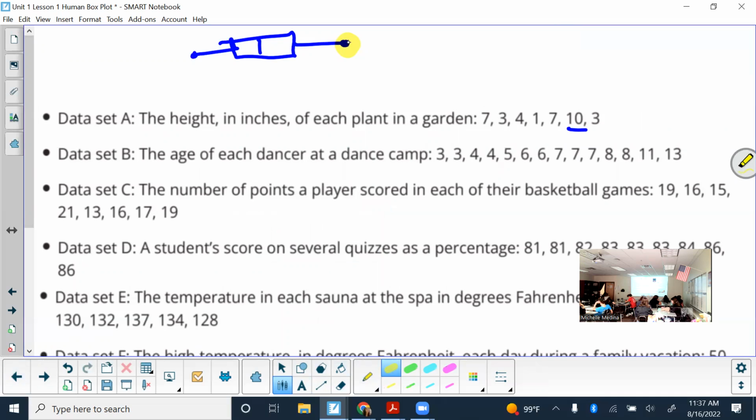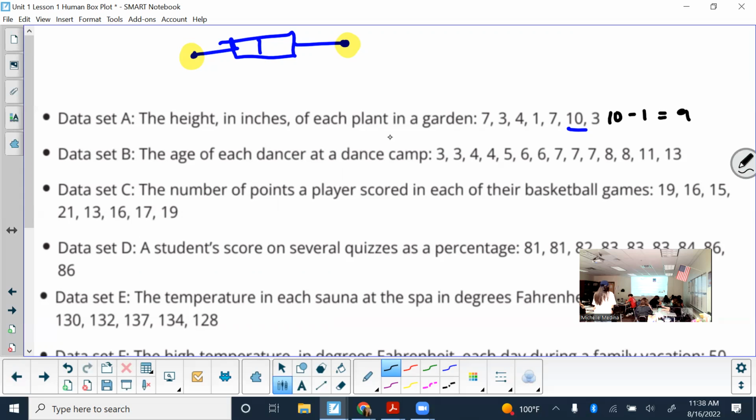So it would be whatever number it is on this line, whatever dot number is there, and then minus whatever that one is. So you could have done that on each and every single one. So like for data set A, 10 minus 1, maximum minus the minimum.